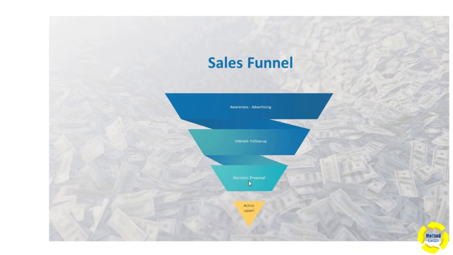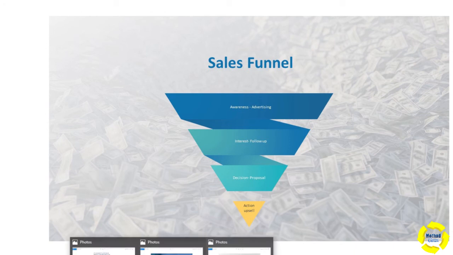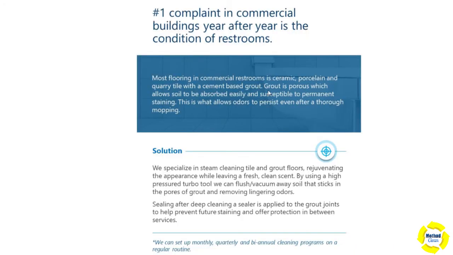The third one in the sales funnel is the decision stage, where we submit someone an estimate or a proposal. And in this stage, we could go back to the technical bulletin I originally showed. This is more of a print format where you could have this printed off and include this in your estimate if you're physically giving someone a proposal.